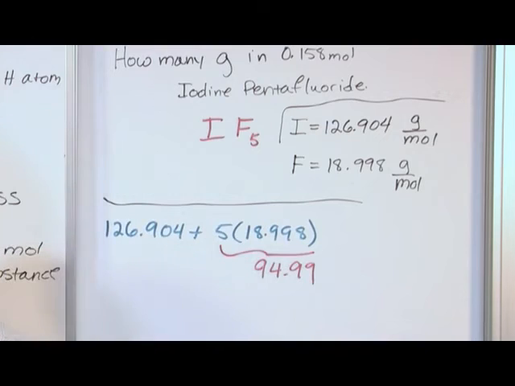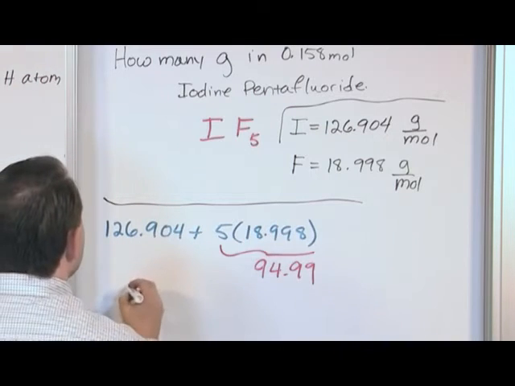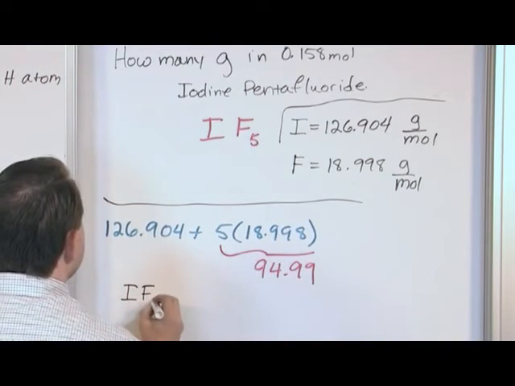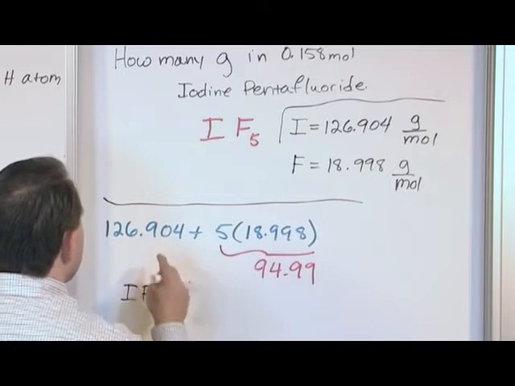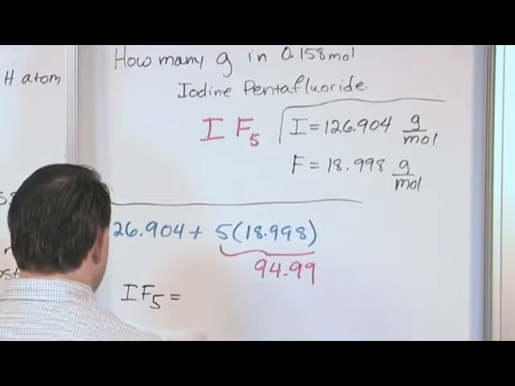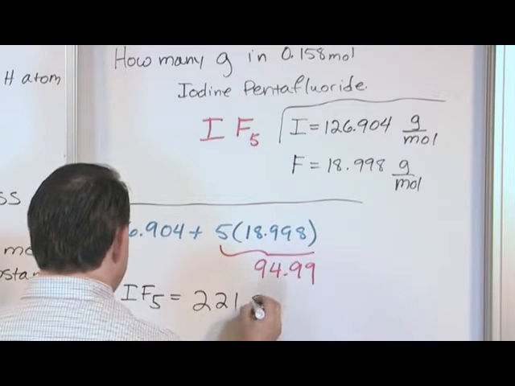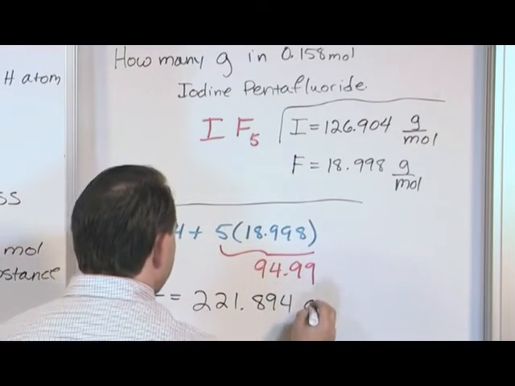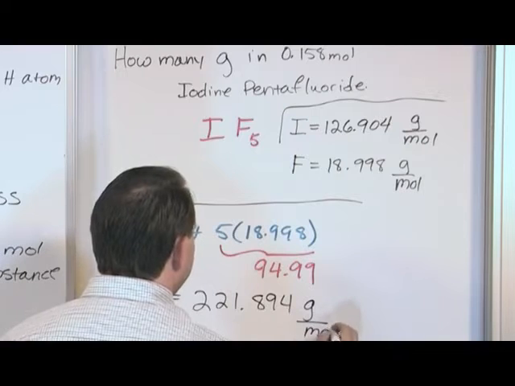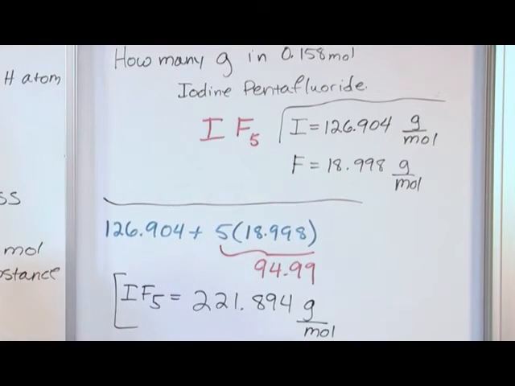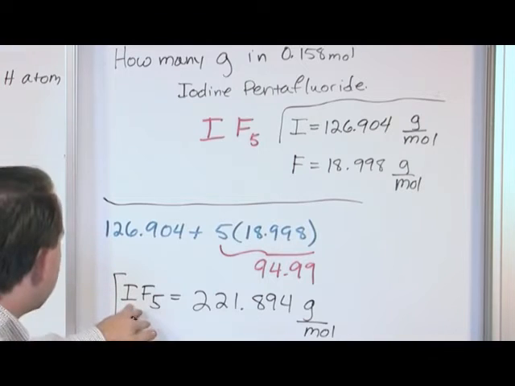So at the end, for IF5, when you take this and you add this to it, what you will get is 221.894 grams per mole. Okay? 221.894 grams per mole of iodine pentafluoride.